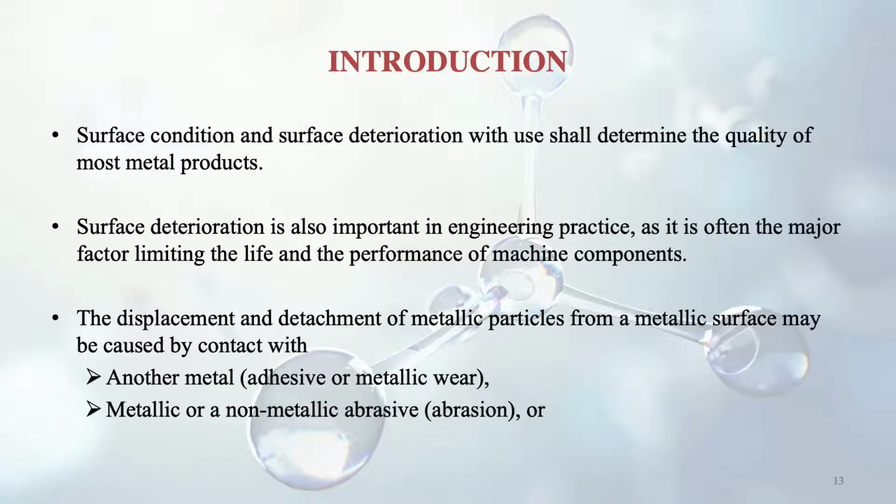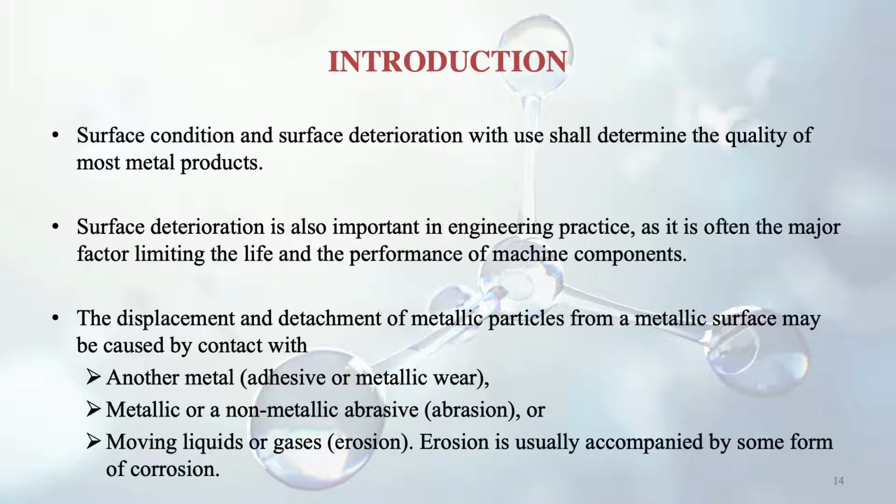Then a metallic or non-metallic abrasive coming in contact with the specimen causes abrasion, or moving liquids or gases may cause erosion, like soil erosion. Similarly there is metal erosion. Erosion is usually accompanied by some form of corrosion as well. After erosion, the material has gone from the top portion, and if it comes in contact with a chemical or moisture, then corrosion or rust takes place.